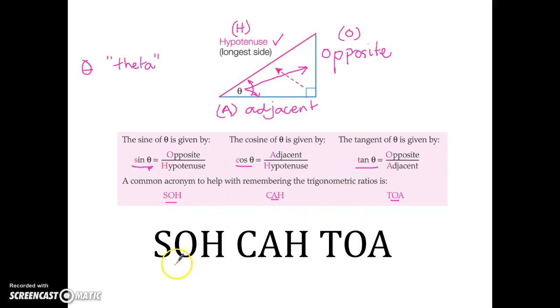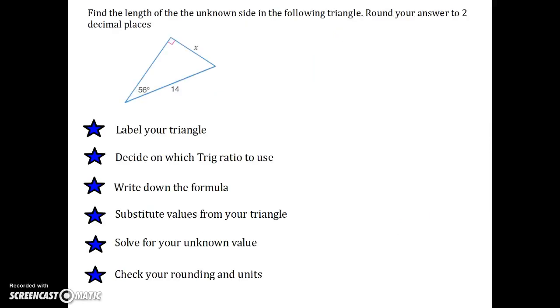To help you remember them, we shorten them to SOH CAH TOA. So sine is opposite over hypotenuse, cos is adjacent over hypotenuse, tan is opposite over adjacent. This little saying, SOH CAH TOA, is the backbone of basic trigonometry. So let's put it in action and see how we use it to find unknown side lengths.